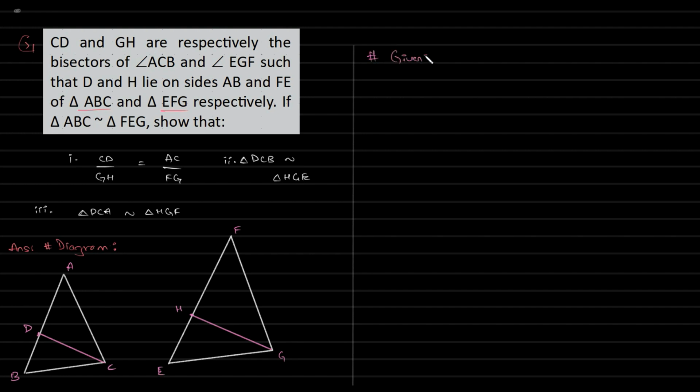Now, whenever you get such information, it's important to write "given", because in the given, we'll expand the information. That is, since these two triangles are similar, AB by FE will be equal to BC by EG, which will be equal to AC by FG.